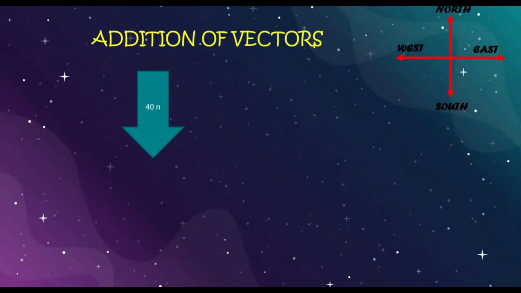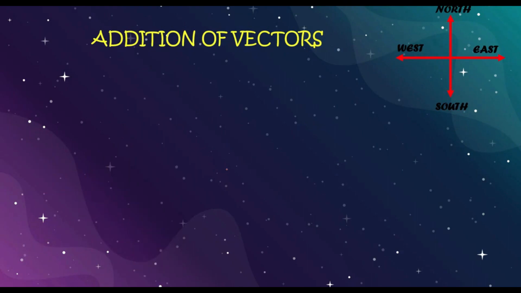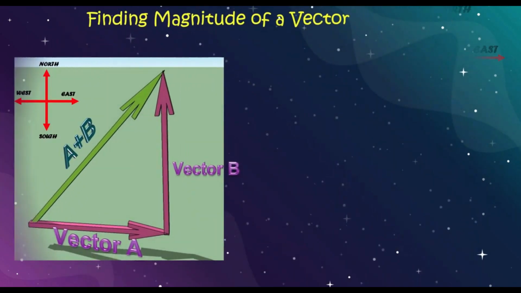Now if a force is coming down towards south and another force is going towards north, both of them are coming in each other's direction, then in this case the resultant direction will be toward the largest one, that is going towards the north.